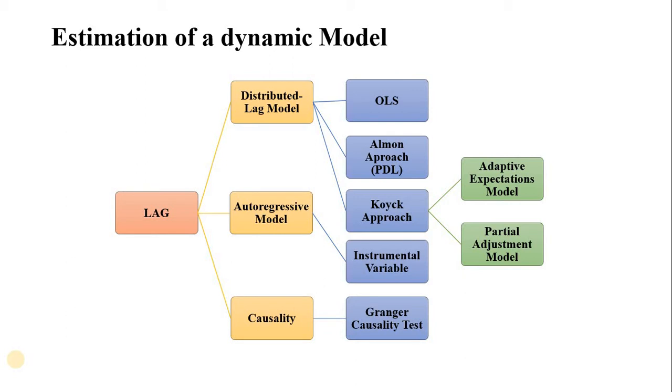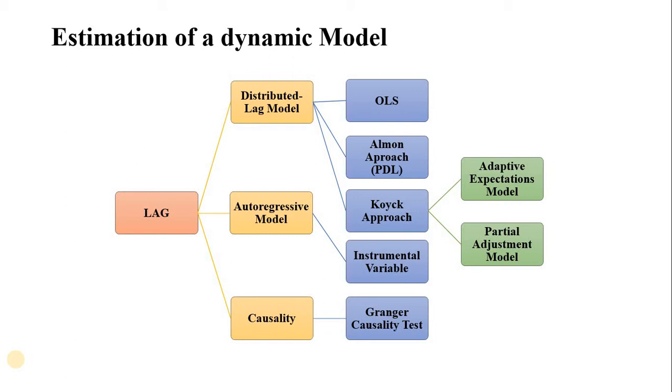The estimation technique that is very popular is the OLS method. But in order to apply the OLS method, we need to satisfy certain assumptions. When we have a lagged variable in our models, many of these assumptions, or some of them, may not be satisfied.